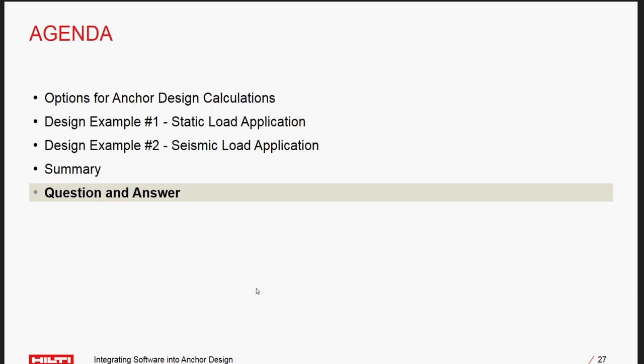So when your analysis is going through a plan check, everything is laid out in an easy-to-read format, and you don't have to struggle with looking through someone else's work, trying to see where they made their assumptions and where they put in their values. So again, just another great reason why the Profis Anchor software, as Morgan stated, will provide everything for you in a nice format that's easy to follow along.